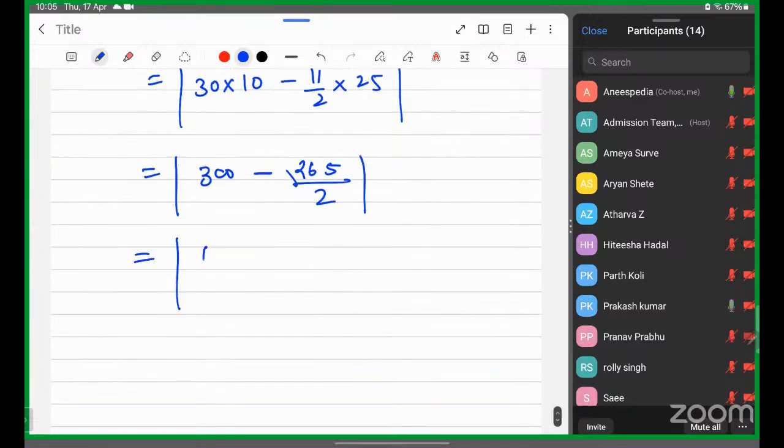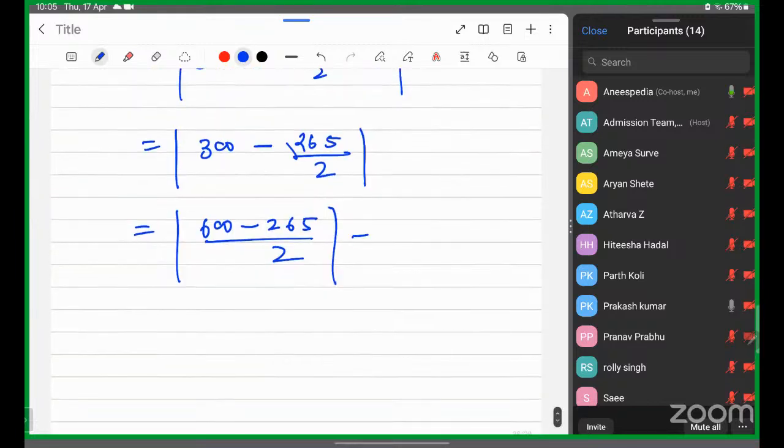So this will be 600 minus 275 by 2. What is the value of 600 minus 265? Sir, 335. 335 by 2 will be 162.5.